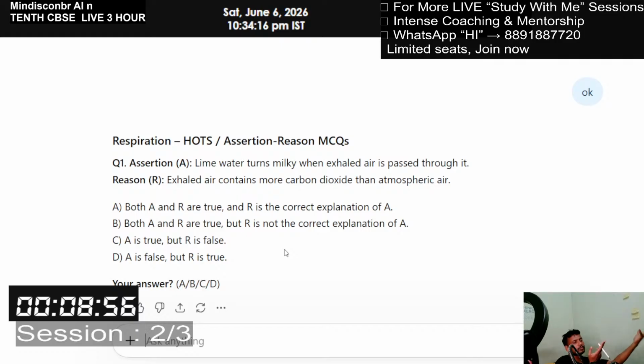The one through which we blew the air, because it contains exhaled air. So exhaled air contains more carbon dioxide than atmospheric air. That is true. Both A and R are true, and R is the correct explanation of A.